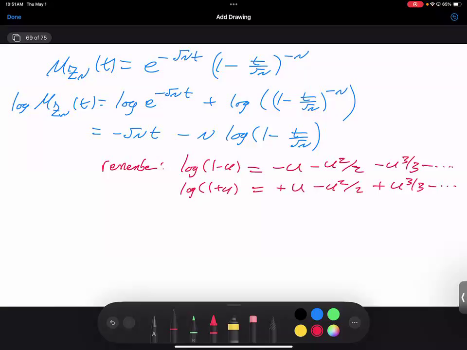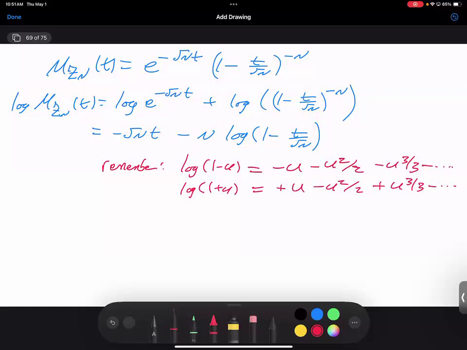And of course, if you just replace u with minus u, you can go from either one to the other. It makes sense. If u is a small positive number, 1 minus u is a little bit less than 1, so its logarithm should be negative. If u is a small positive number, 1 plus u is a little bit greater than 1, its logarithm should be positive. So these expansions make sense. The log of 1 minus u should start off with a minus u. The log of 1 plus u should start off with a plus u.